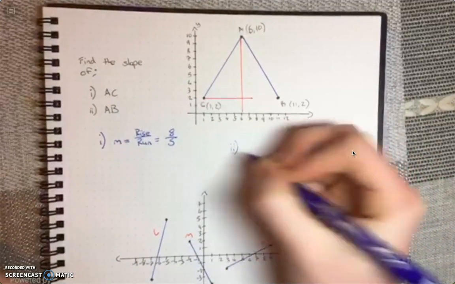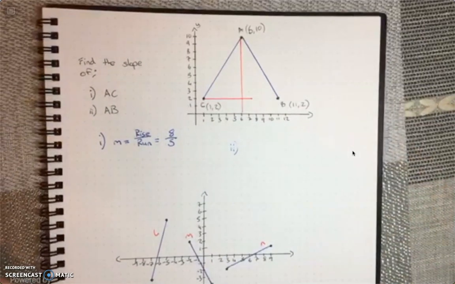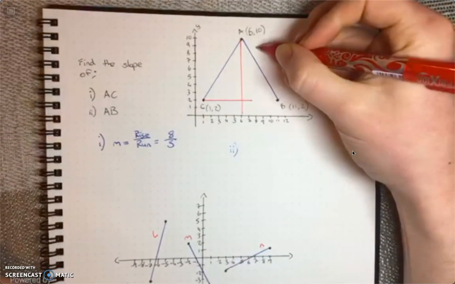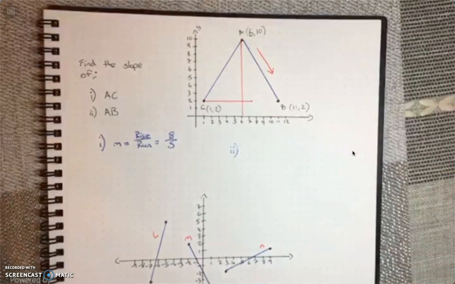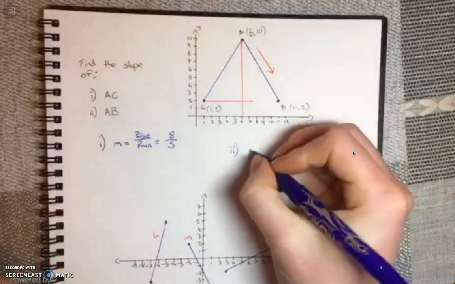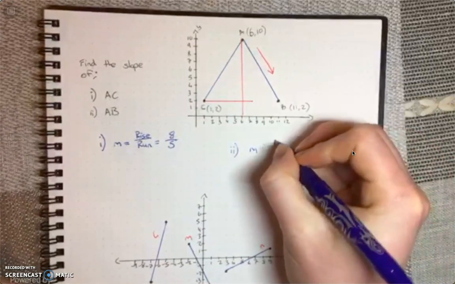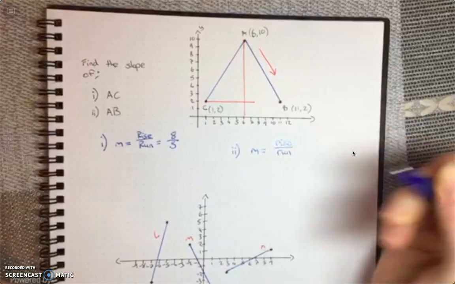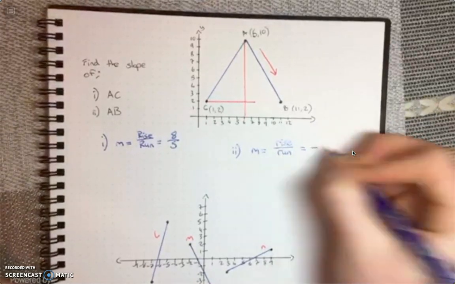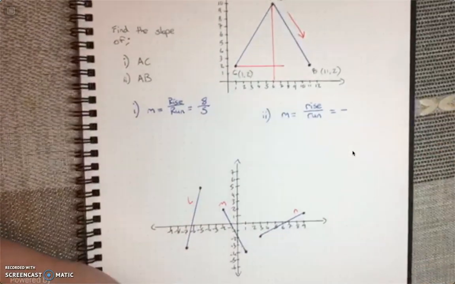Now the second one, before answering this, what do you notice about this line? It's going down the way. So this means it's going to have a negative slope. So m is equal to rise over run, but the answer will be negative, okay?